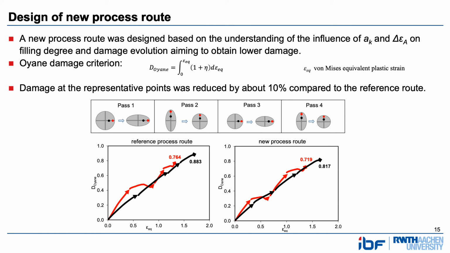The final damage level obtained after the fourth pass in the new process route is reduced by about 10% compared to the reference route. So it is possible to produce a part with reduced ductile damage while a good filling degree is still guaranteed in caliber rolling by optimizing the design of the process.